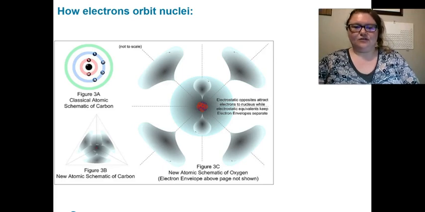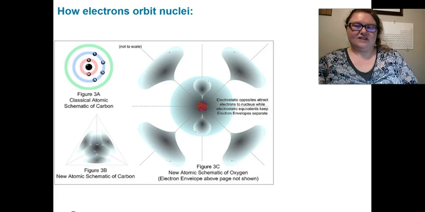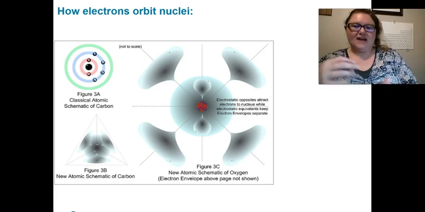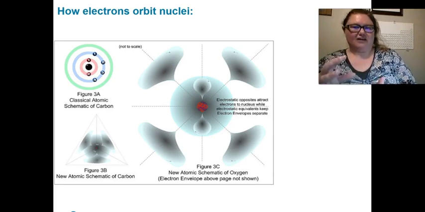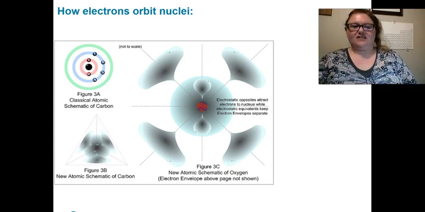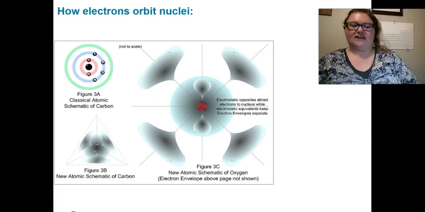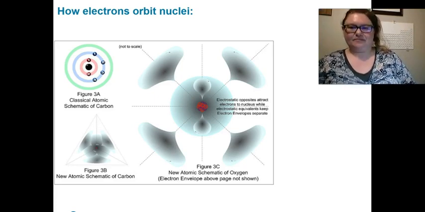Okay, so there's our nucleus, and we see the electrons kind of coming out in this balloon shape. Well, all that is a probability diagram of the mathematical equation that Schrödinger had worked up, giving us the highest probability space of where to find an electron at any moment in time.